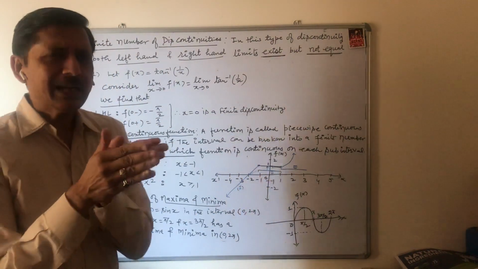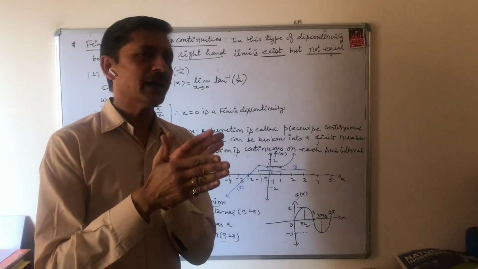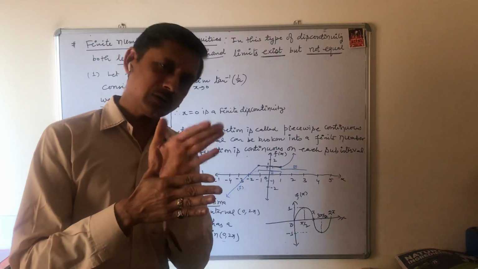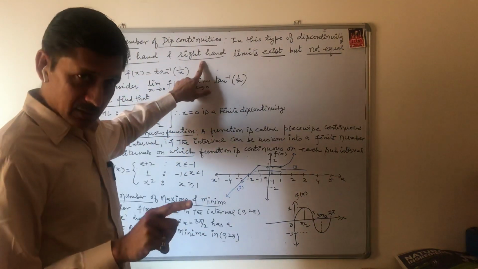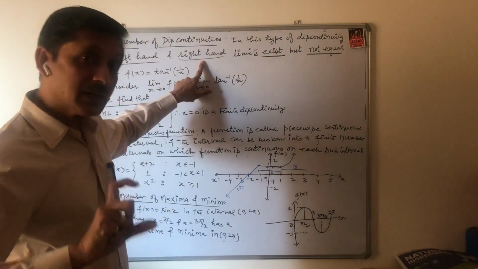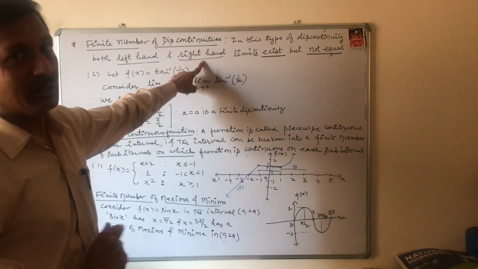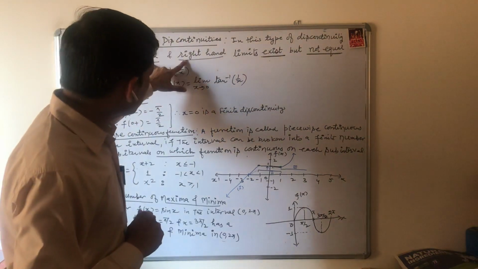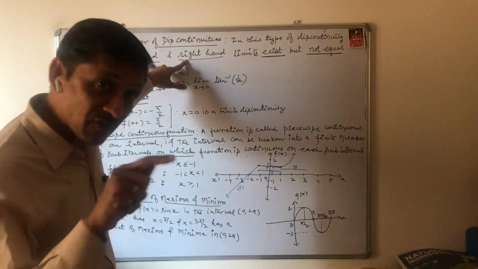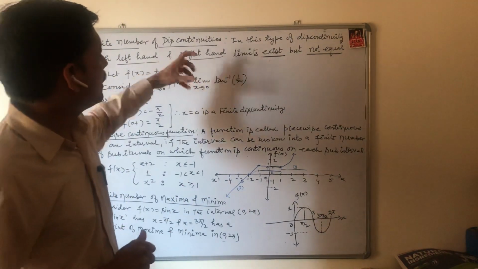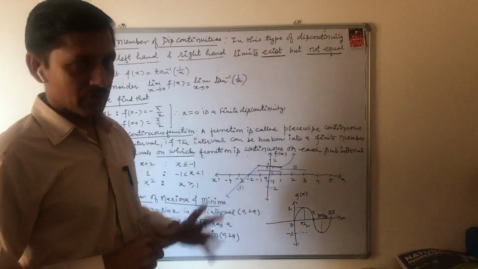There is a slight difference between removable and finite discontinuity. In removable, the left hand and right hand limits also exist, but both limits are equal but not equal to the function value at the given point. But in this case both limits exist but are not equal, and exist finitely. So that is called a finite discontinuity.